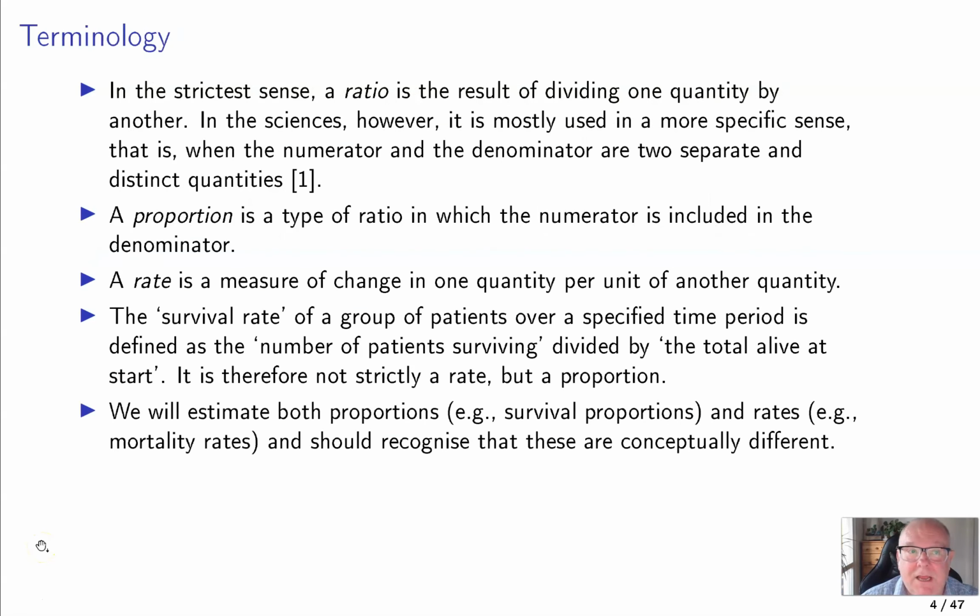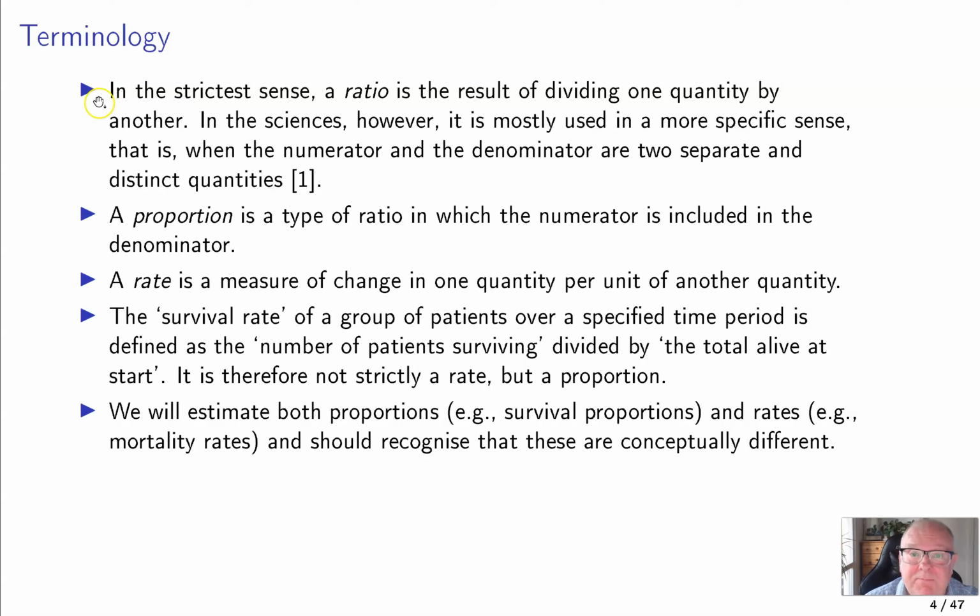Now, I'm going to start with some terminology. Terminology is important because in survival analysis, we can estimate either the proportion who survive or the rate at which one dies. These two quantities are mathematically related, but proportions and rates are mathematically very different.